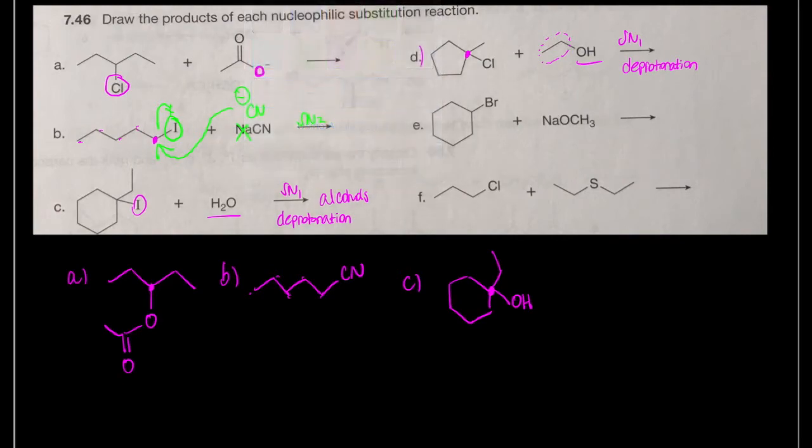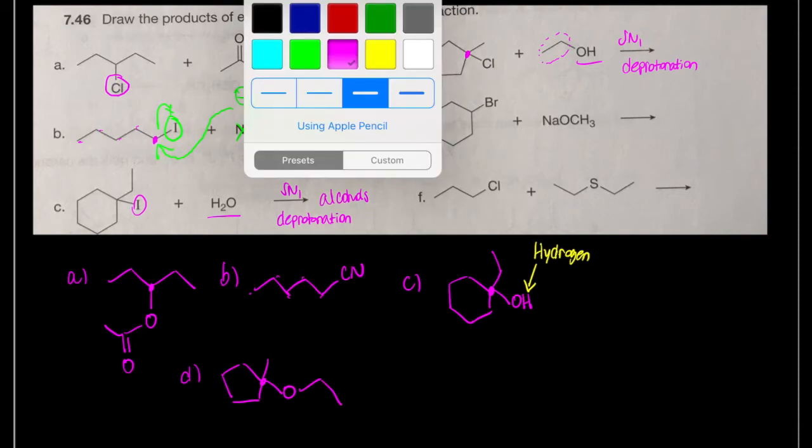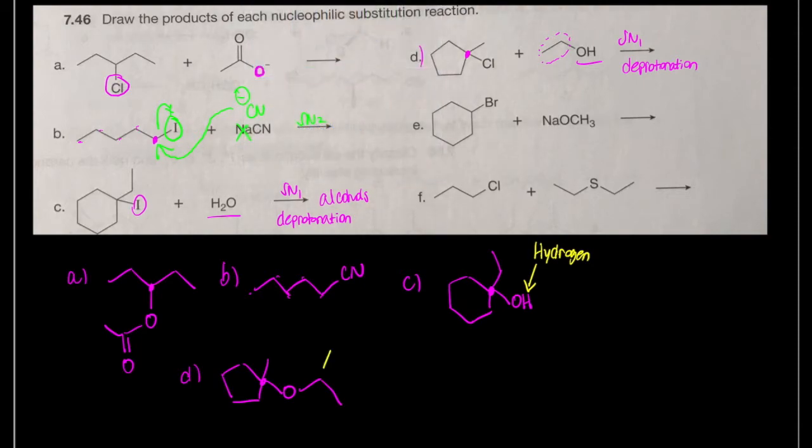So here you have a hydrogen, okay? And in reaction D, you're going to have our 5-membered ring with a methyl group, and then on that carbon you're going to have an oxygen, but you're going to have the ethyl group, okay? So I just wanted to kind of highlight that difference there.